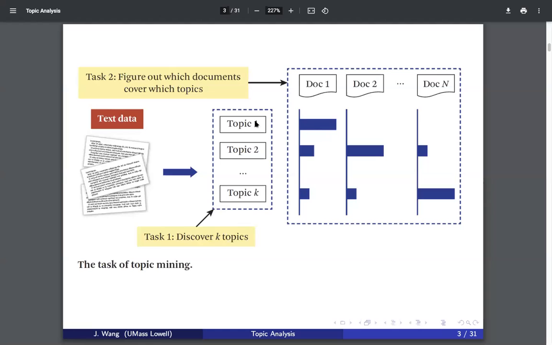Document one has more on topic one, less on topic two, and even less on topic K. Document two has more on topic two, nothing on topic one, and much less on topic K. Document N has more on topic K, less on topic two, nothing on topic one.